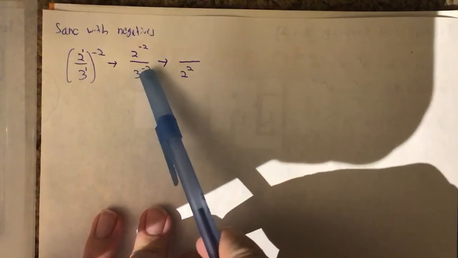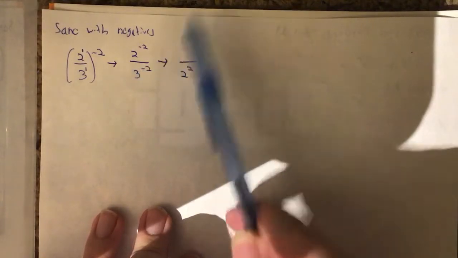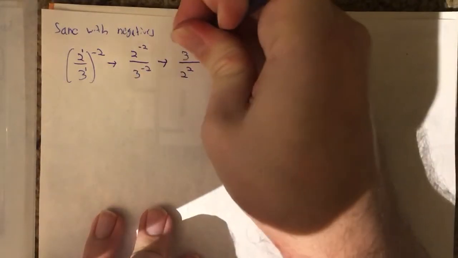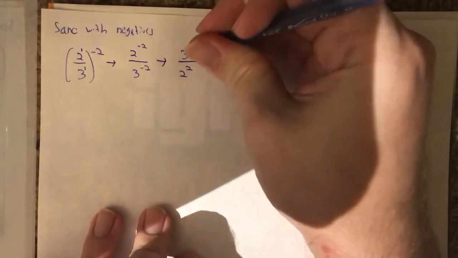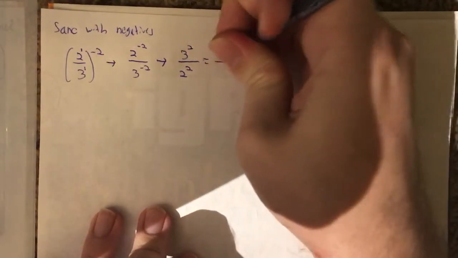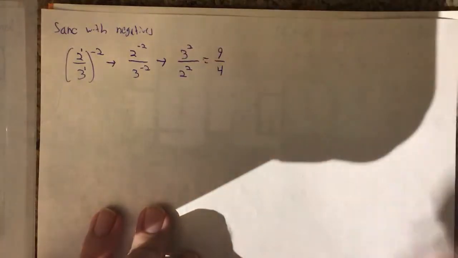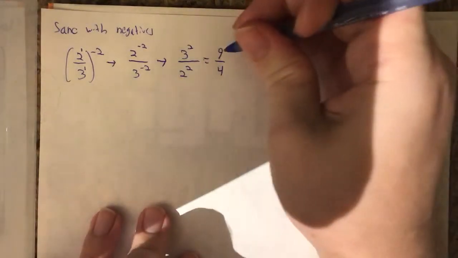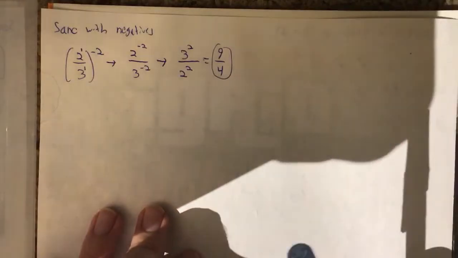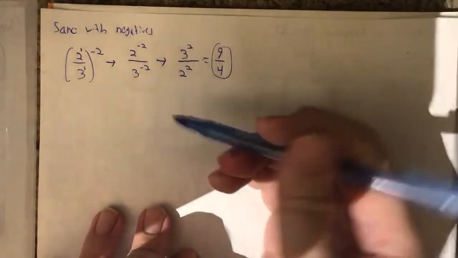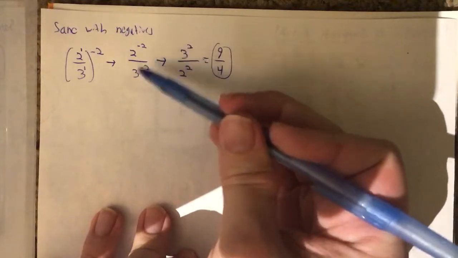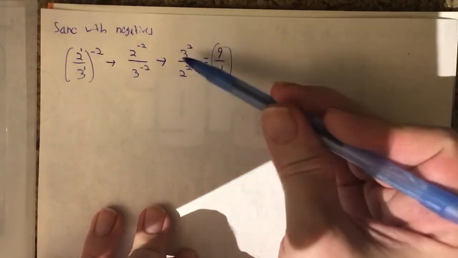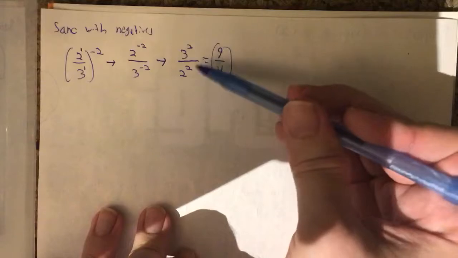And for the 3 to the negative 2, since it's negative in the bottom, I move it to the top and rewrite it as 3 squared. Now this can just simplify. 3 squared is really just 9, and 2 squared is just 4. So I get 9 over 4, and we're done. So that's how you go about it without a calculator. Use my power rule, move the exponents, make them all positive, and then just expand out and get an answer.